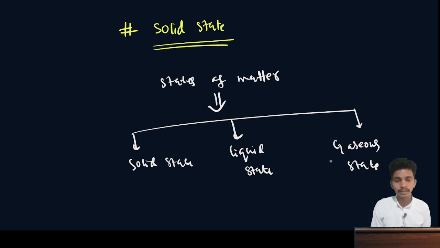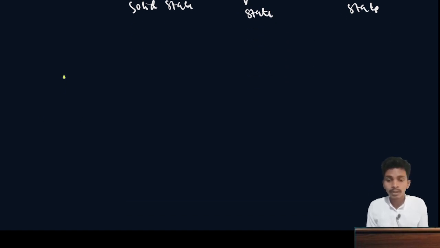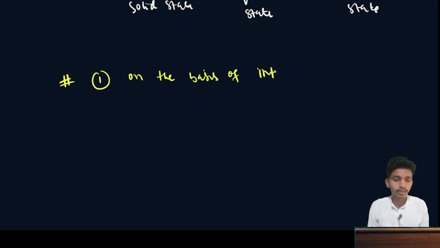So from these three, how can you distinguish that this is solid state and this is liquid state and this is gaseous state? For that, we have mainly two properties. The first property is on the basis of intermolecular force of attractions.